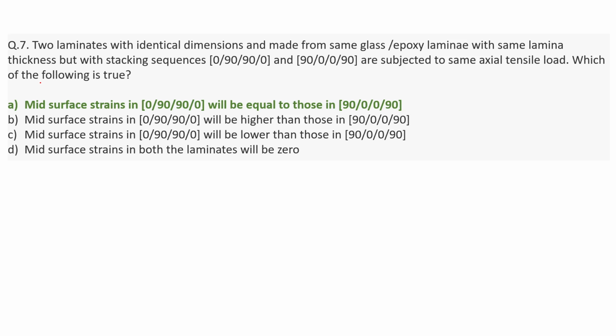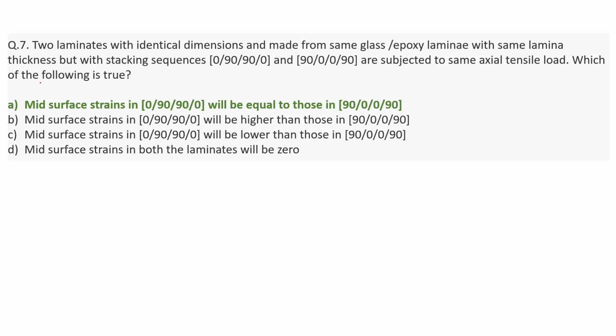Mid surface strain means the strain at the middle of the whole laminate. For the first sequence, the middle point has one group above and another below it. Similarly, for the second sequence, there is a group above the mid surface and a group below it. In both cases, above or below the mid surface, there is one lamina of 0 and one lamina of 90.